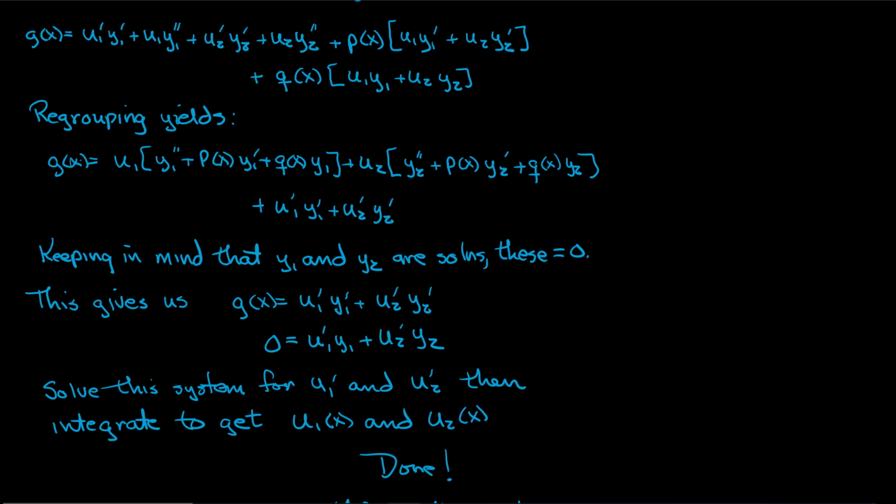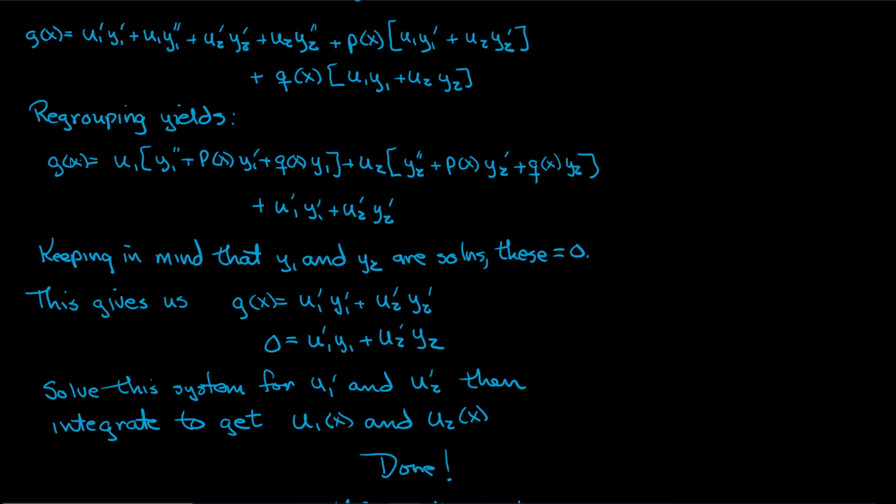Secondly, using this equation at the top of the screen, when we bring together all of the terms that have a factor of u2 of x, we obtain this second term. Factoring out the u2 of x, we get y double prime plus p of x y prime plus q of x y. And notice these are all the y2 terms.